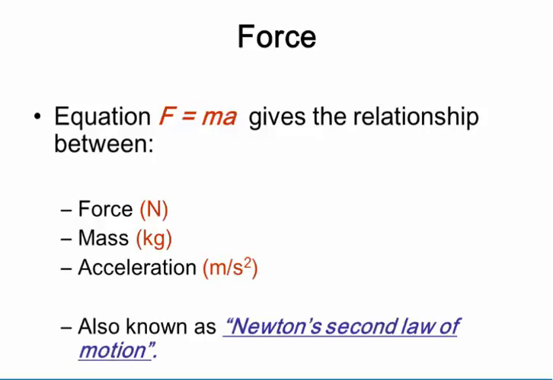The actual physical makeup of whatever it is we're looking at, that's its mass. So force is mass times acceleration. To move something, how much force do we have to apply to get that mass to accelerate at a particular speed?